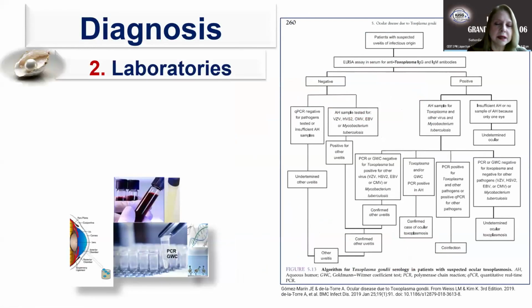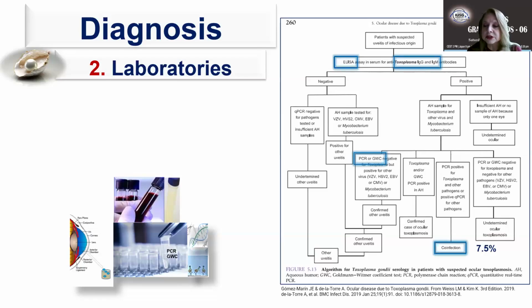One important clue in the diagnosis of ocular toxoplasmosis is also laboratory testing. The most used is the ELISA test, IgG and IgM, but in atypical cases, we can also use PCR in ocular fluids or the Goldmann-Witmer coefficient, having a co-infection in atypical cases in 7.5% of cases.